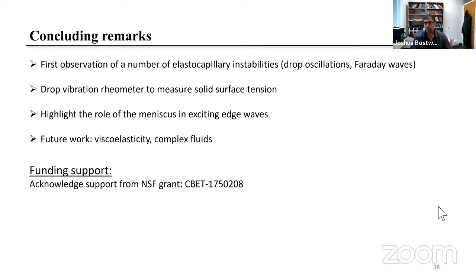Yeah, that's a good question. The depth will affect the resonance behaviors and the shape of the instability tongue for the Faraday waves. But with regards to exciting a harmonic edge wave or a subharmonic Faraday wave, really the only criterion is that you have to have a meniscus.